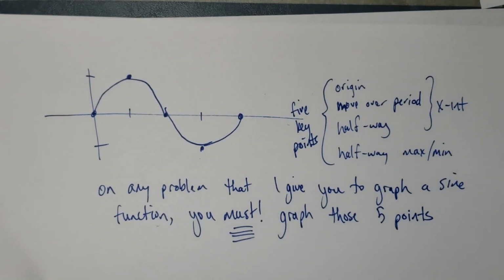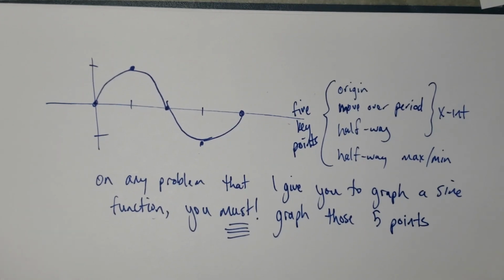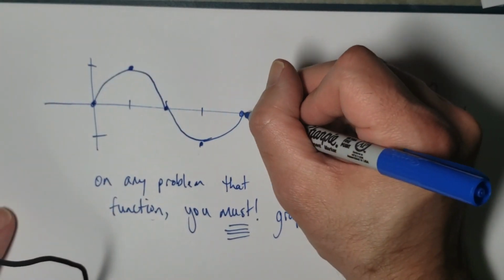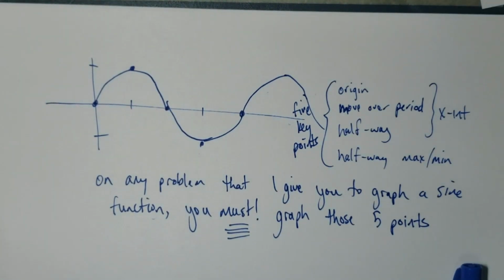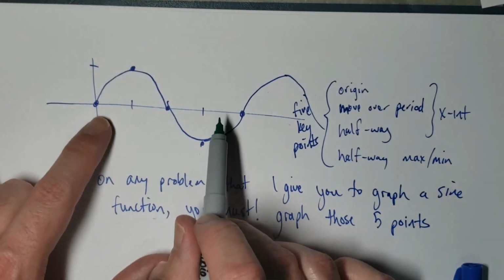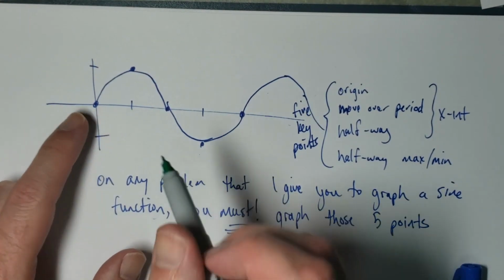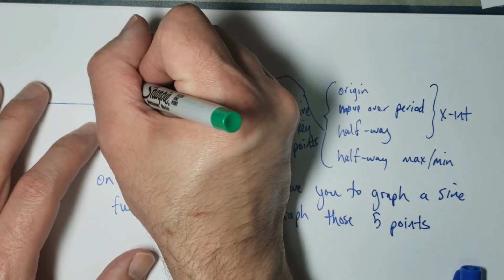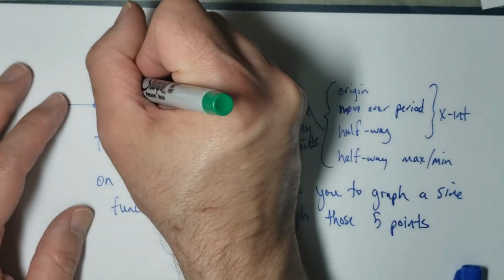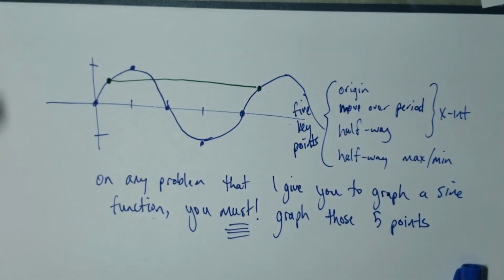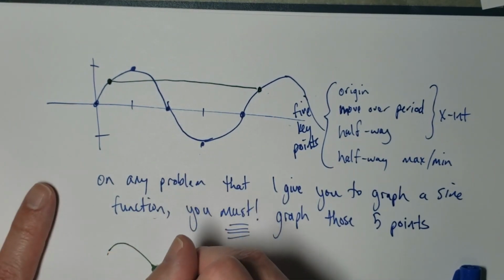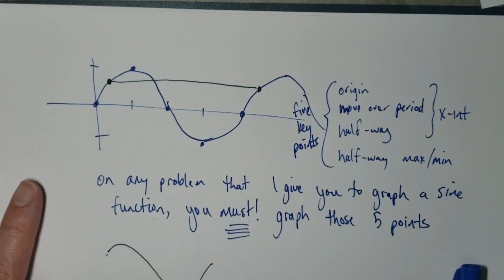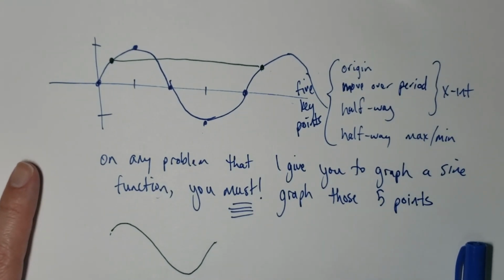One more thing about the period, I could have ended the video there and that could have been all I wanted to do, but I thought I'd bring this up. The period is the smallest distance before a function repeats. And we've been starting it at the origin and moving over the period, but I could have started here, moved over the period, and you can see that shape also repeats over and over again.